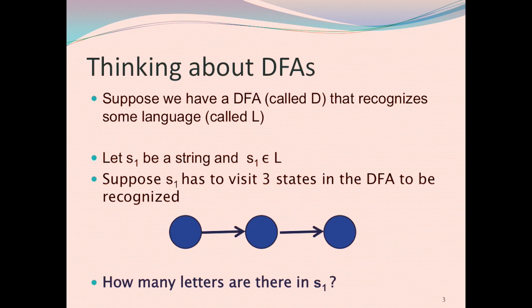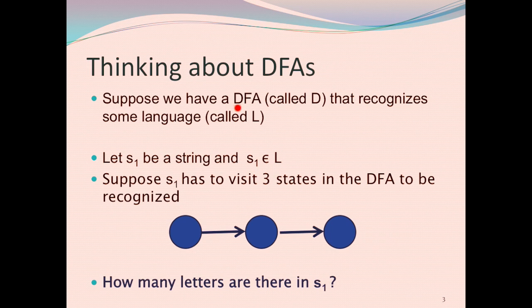Okay. So before we get to the pumping lemma, we need to talk about some other stuff. Let's think for a minute about DFAs. Suppose we have a DFA, and why don't we just call it D, and it recognizes some language that we'll call L, right? So it accepts all the strings that are in L. And let's let S1 just be one string that's in L, okay?